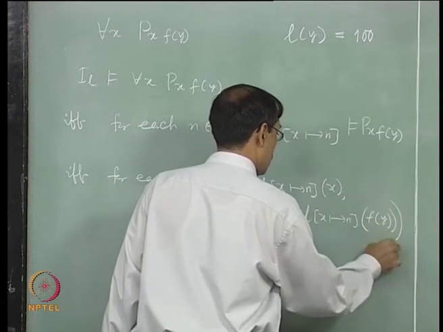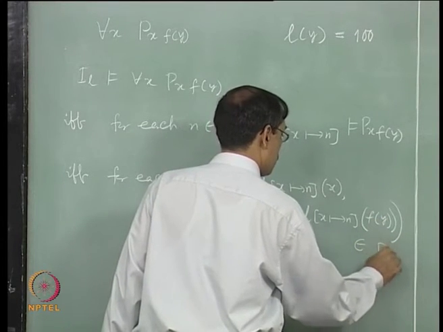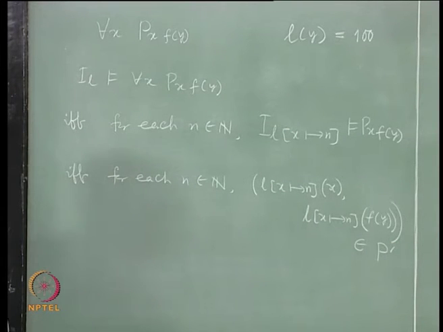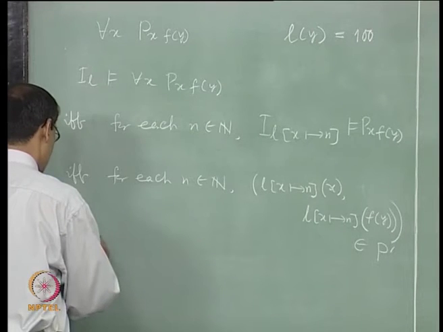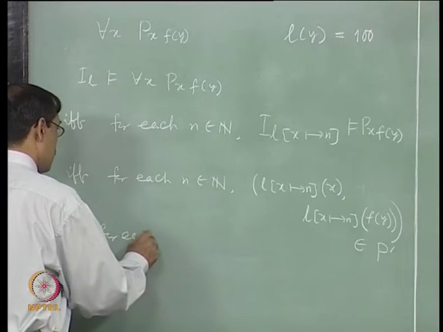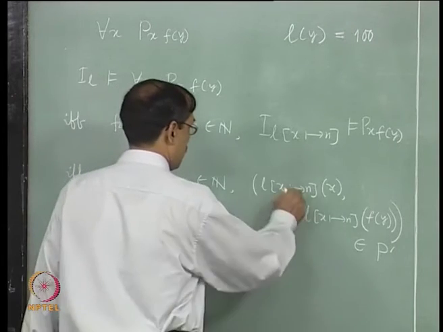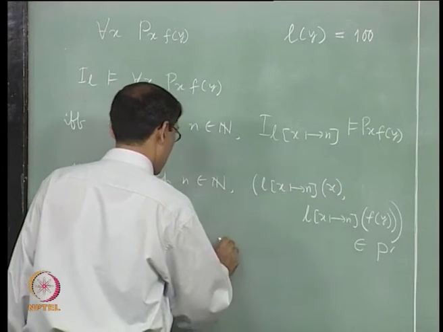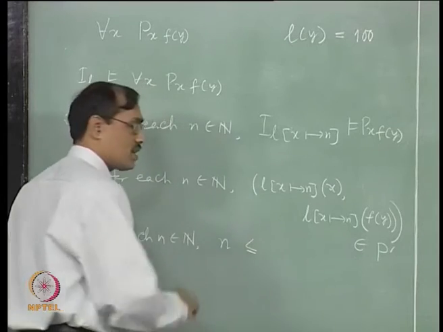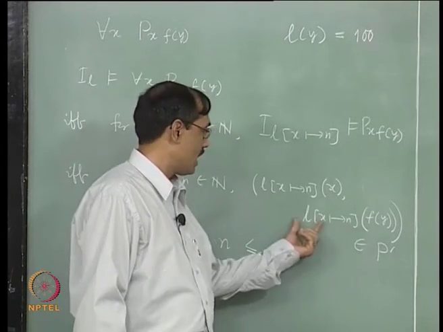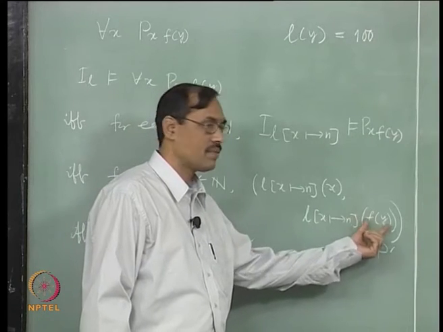This belongs to p prime, right. Then this is so if for each n in N. Now, L x fixed to n of x is n, p is less than or equal to, then we have to evaluate this, right. L x fixed to n of f of y.